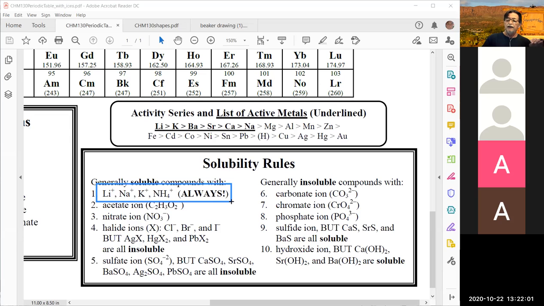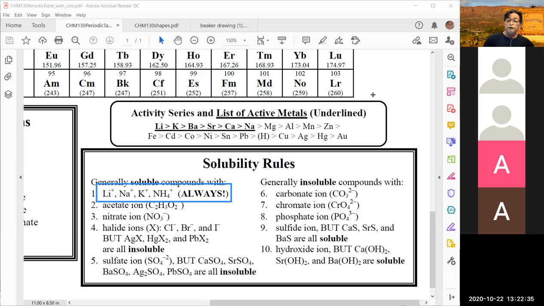Regardless of what the anion is, it could be anything out there in the world, it will always be soluble, always. One of the homework problems you saw, I believe, is potassium oxide, K2O, and many students are putting it as insoluble. Well, it's not, because potassium is one of the big 4. And regardless of who potassium is bonded with, it will always be soluble.